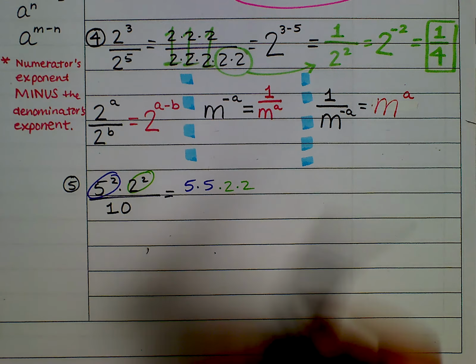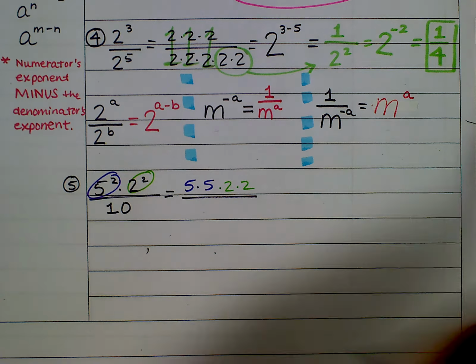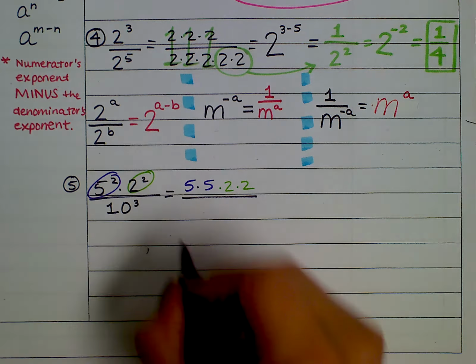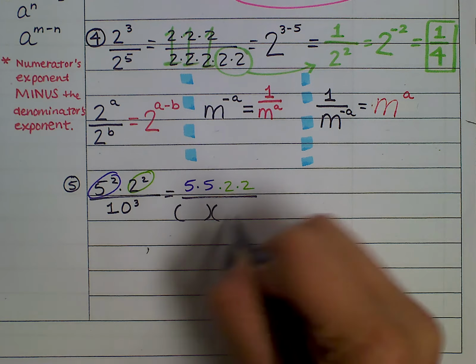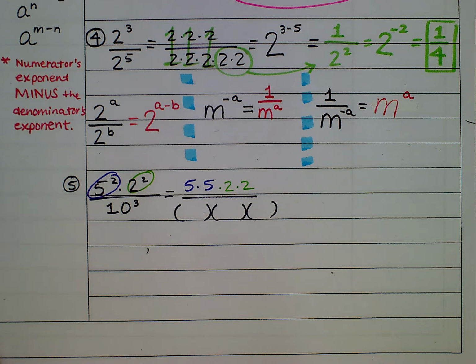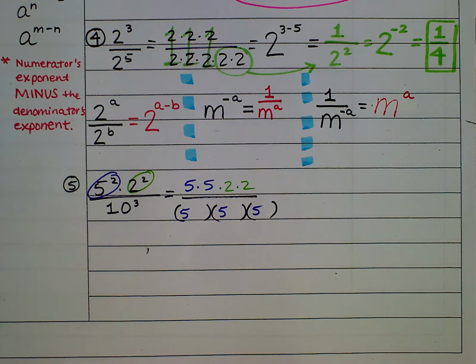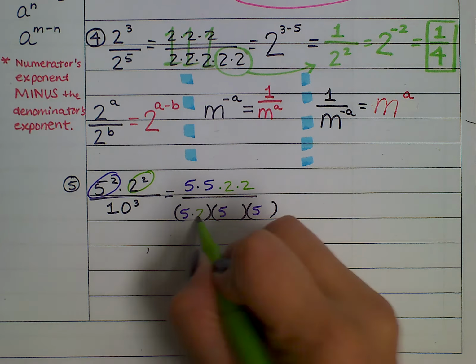And then you broke down our 10 cubed and said there's 3 tens, and 10 is simply 5 times 2.